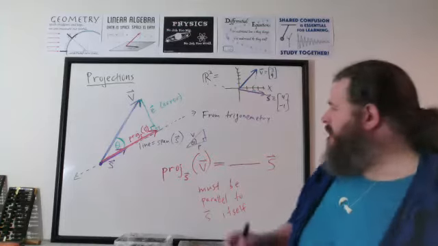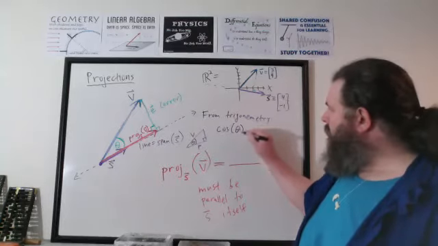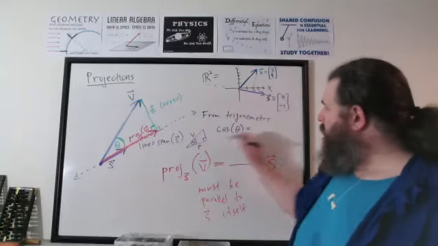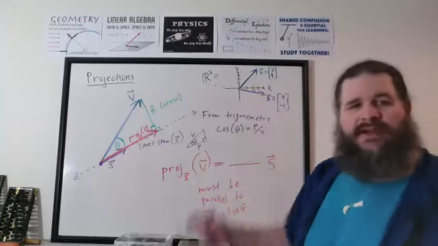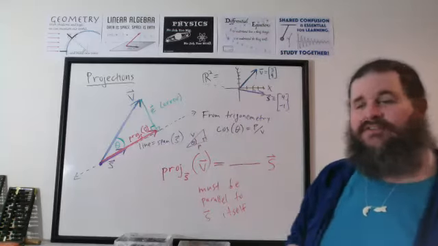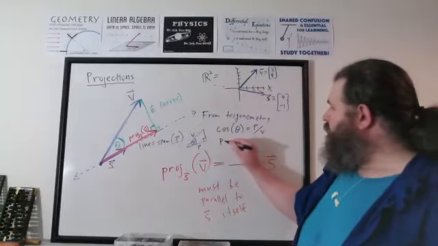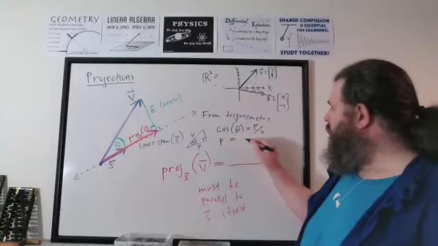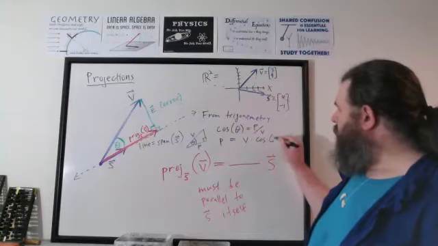Cosine? Yeah, that should be cosine. We can say cosine of theta is going to be adjacent over hypotenuse, that's P over V, the projection over the original vector in terms of their magnitudes, ignoring direction for now. So if you isolate P, you would get projection magnitude equals original vector magnitude times cosine theta.